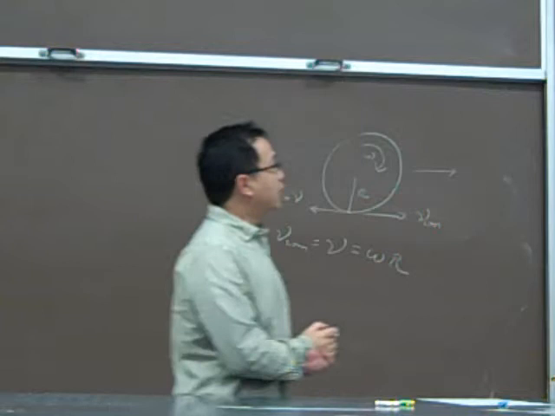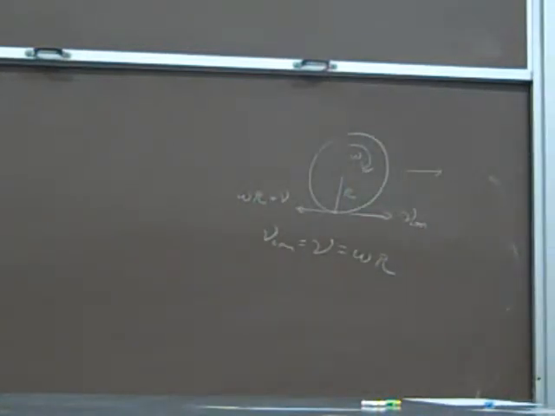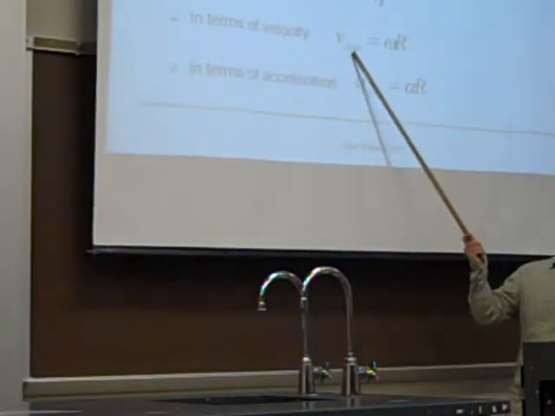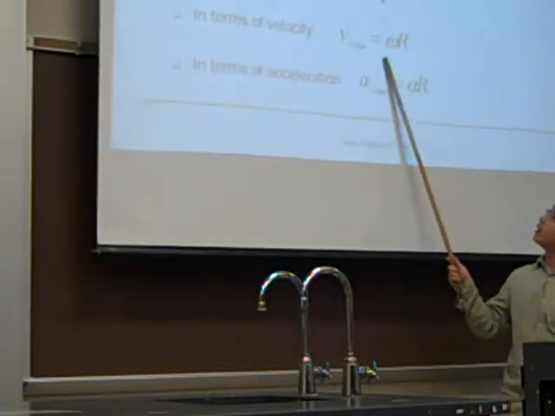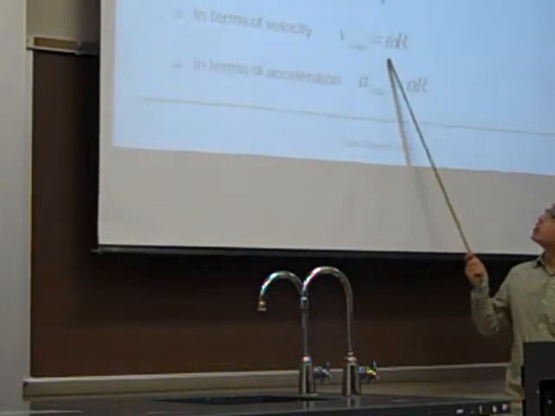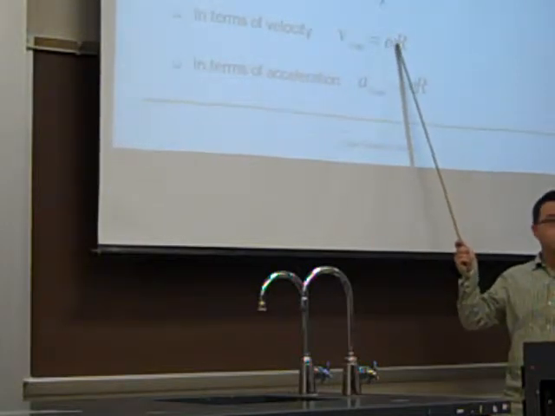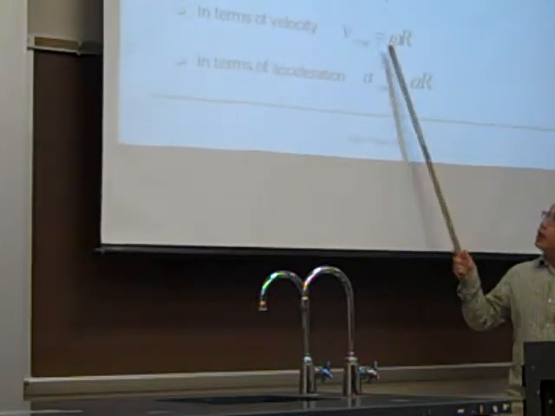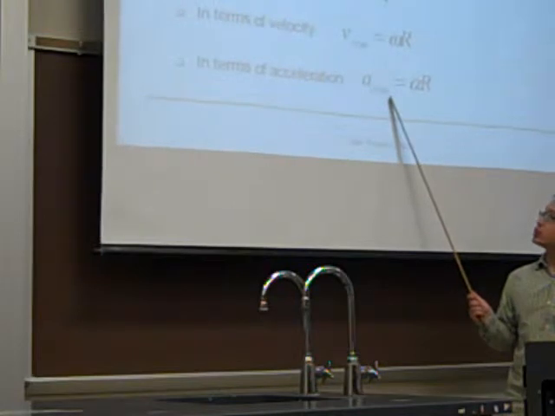So that gives us the condition for rolling smoothly, which is that the center of mass velocity should be the same as the tangential velocity for the rotation. And we can further get this one: if this is true, this must be true.